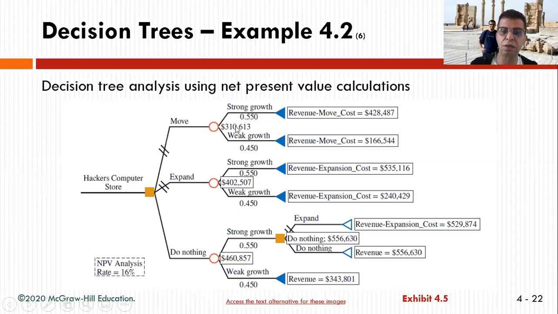Once you add these together, when you multiply this by this and this by this, you add them together, you become 310. The expanding becomes 402, which is revenue coming from expansion minus the cost, and revenue expansion minus the cost in case of weakened growth.